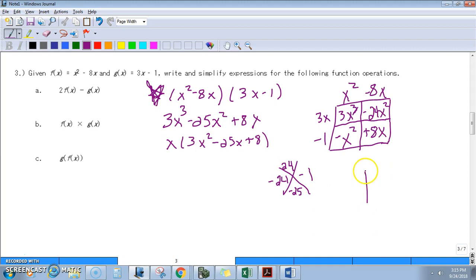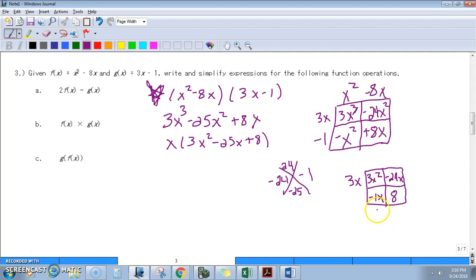In which case our trinomial would turn into this binomial where we put 3x squared here, we put positive 8 here, then we take these, we do negative 24x here and negative 1x here. And then if we factor it out, I can factor out a 3 from both 3 and 24 and an x.